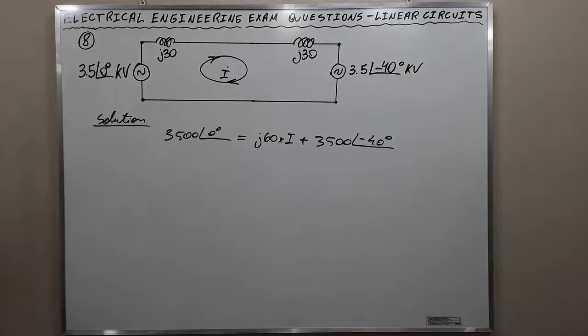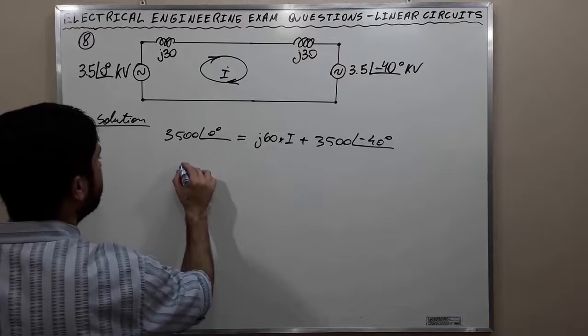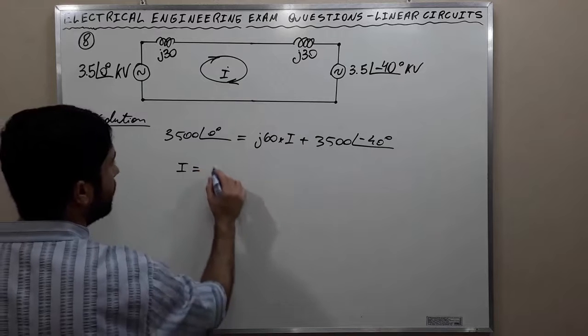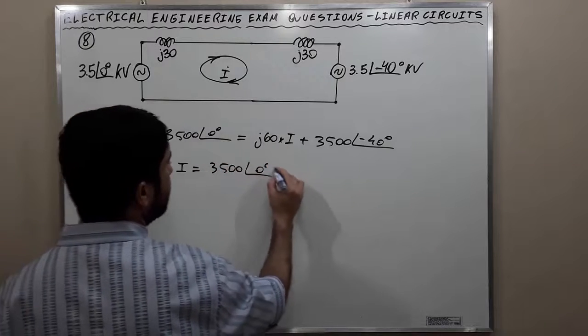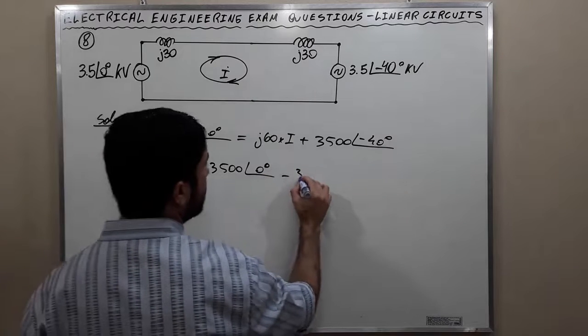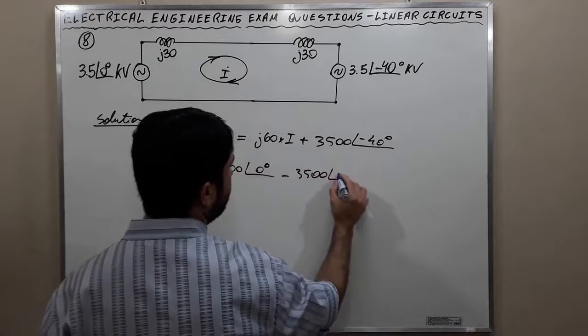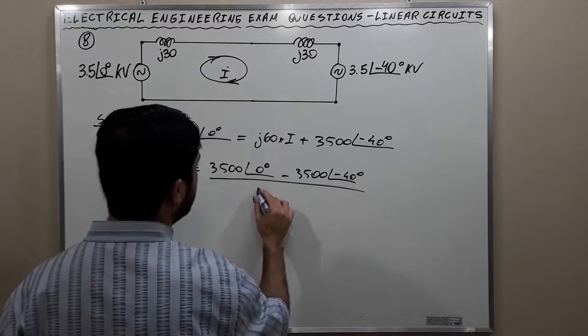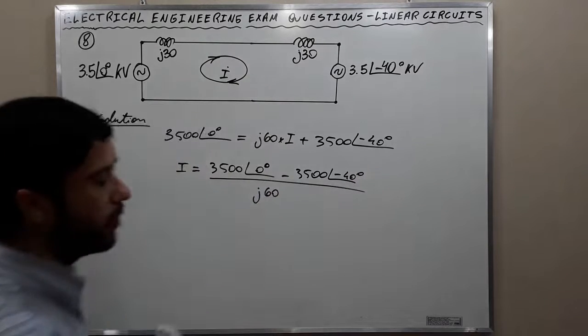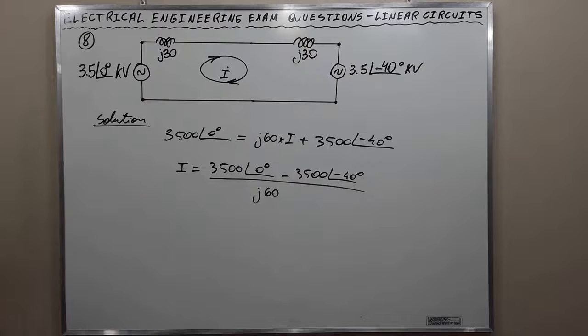Okay? And if we solve for I, we get that I is going to be equal to 3,500 phase 0 degrees minus 3,500 phase negative 40 degrees divided by J60. J60 is written there in the Cartesian form.